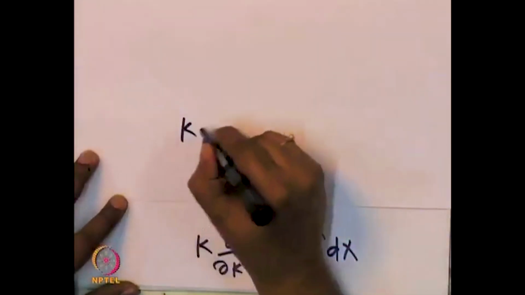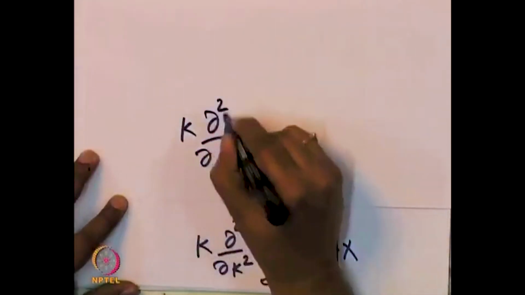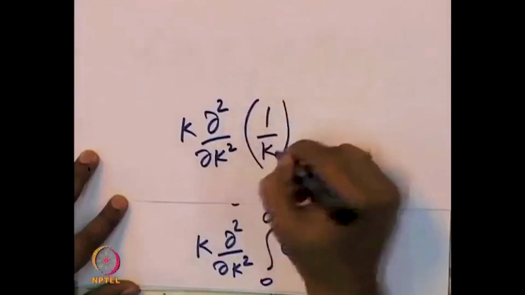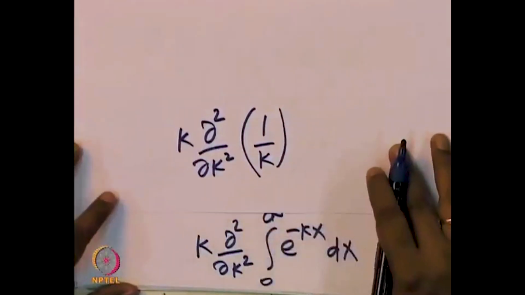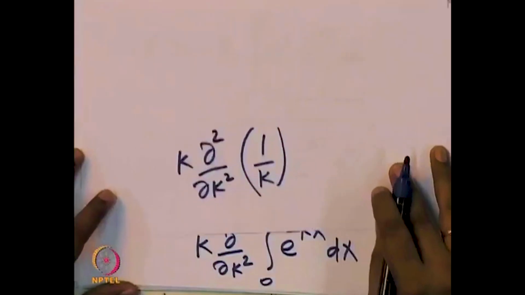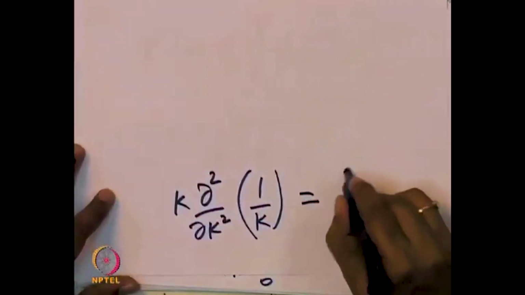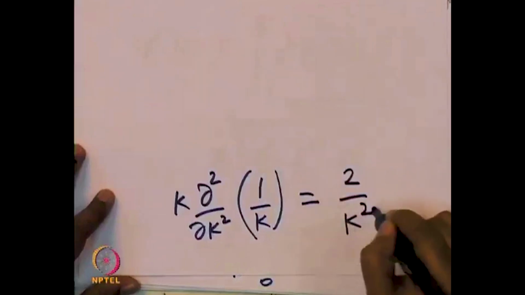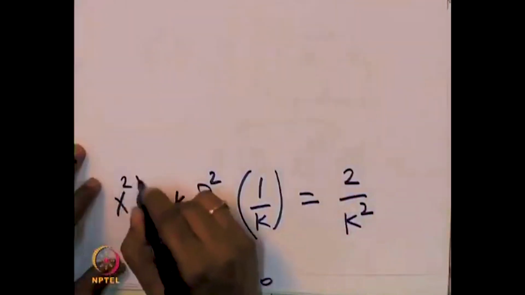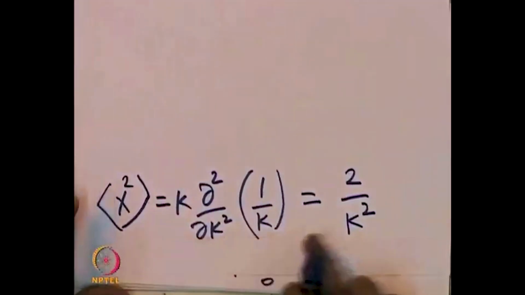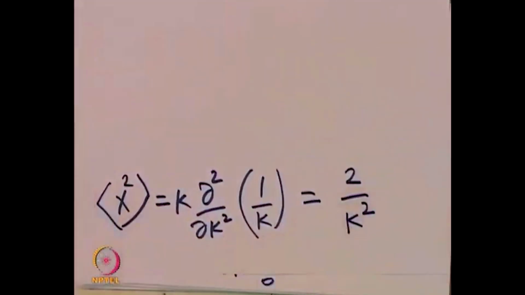So this is k del squared by del k squared of 1 over k, and if you do this, the answer is 2 over k squared. So this is what x square average is: 2 over k squared, and x average is 1 over k.